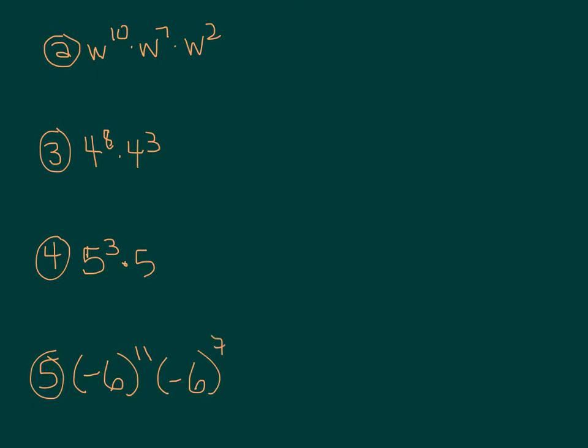So if you want, you can pause and try these. If you're still not sure on some of them, 4 and 5 are a little harder. You can just watch me do them, up to you.